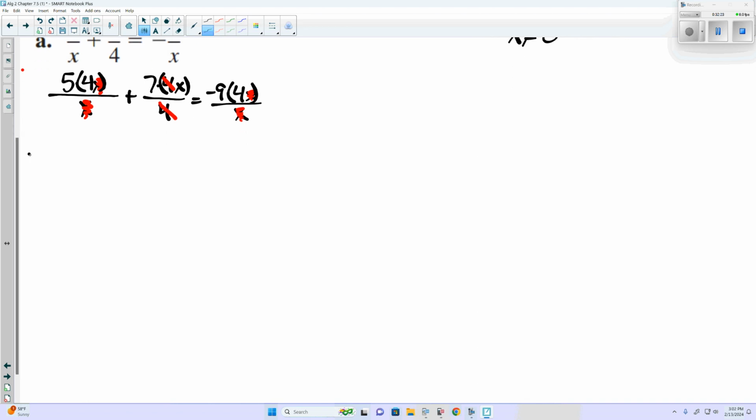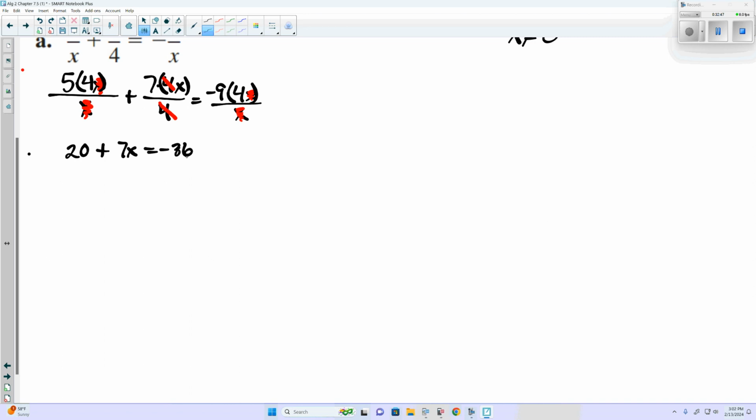Questions? Yeah, so we have 20 plus 7x equals negative 36. So leaving it in our multiplication is helpful, especially for the middle, because our 4 and 4. Because 7 times 4x would be 28x.